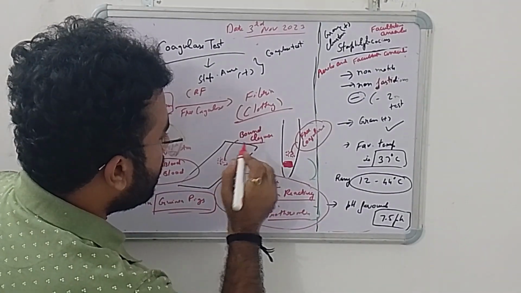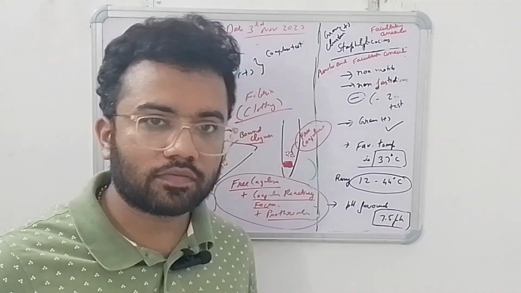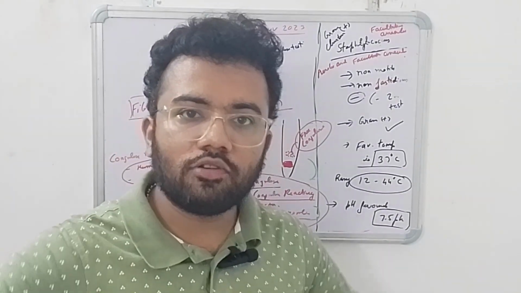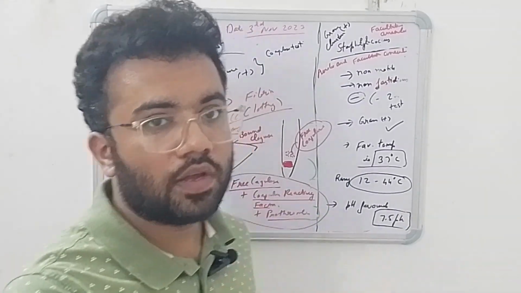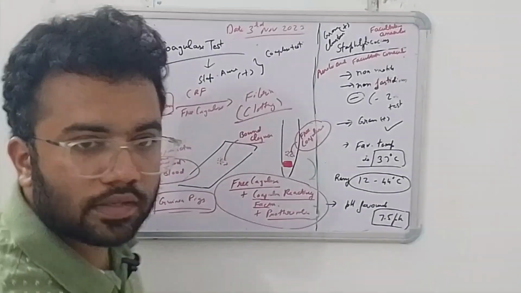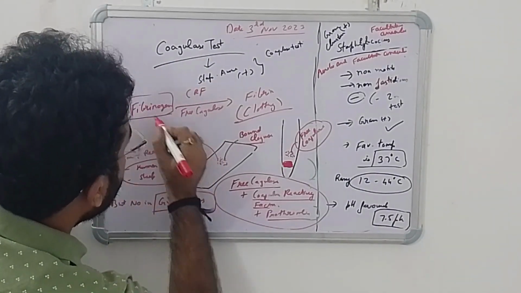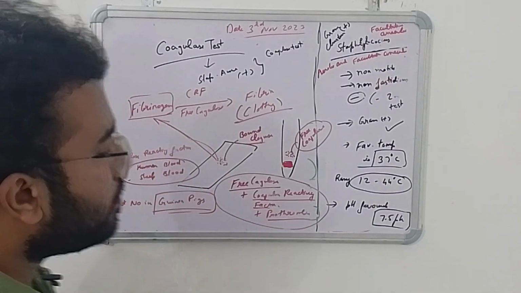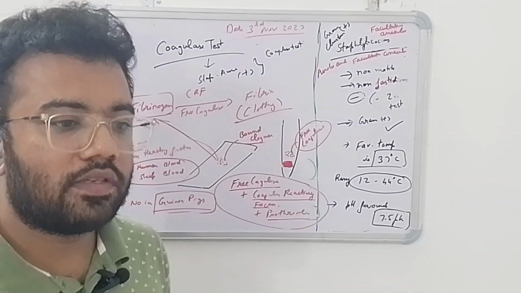Bound coagulase has no need of the coagulase reactive factor, CRF. It will directly convert fibrinogen into fibrin, so it makes our life easy. While in the other method we have some intermediate, we need CRF.